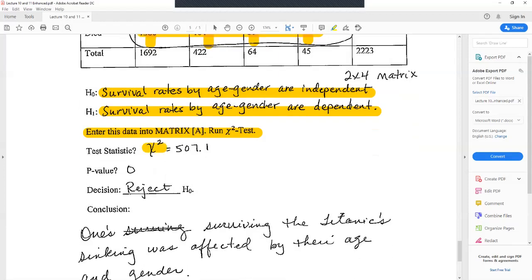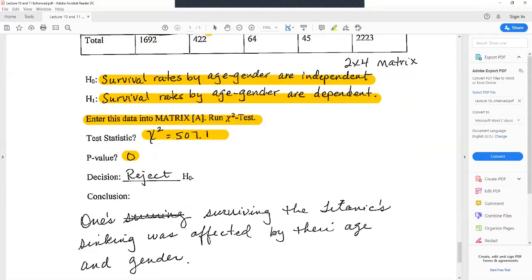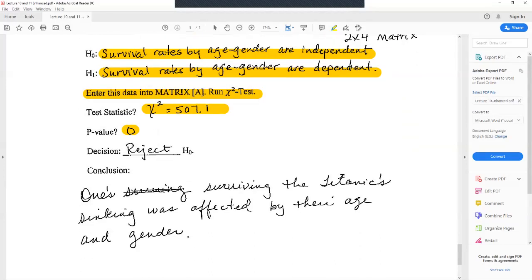This time the chi-square value is 507.1. And again, the p-value here is pretty much 0. And since a p-value of 0 is less than an alpha level of 5%, that means that the p-value does fit inside the tail region, and we will reject the null.